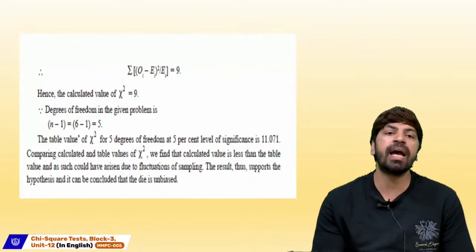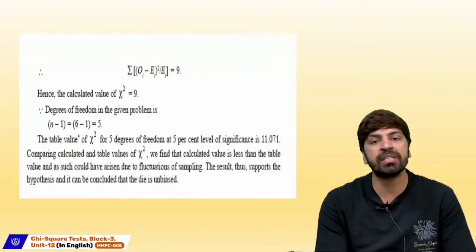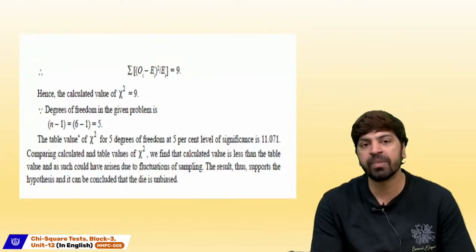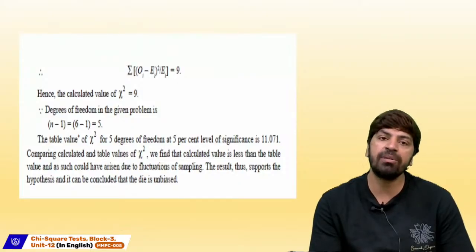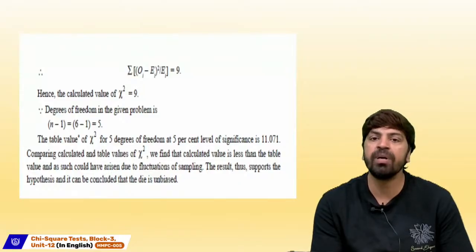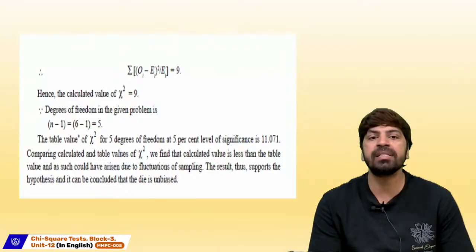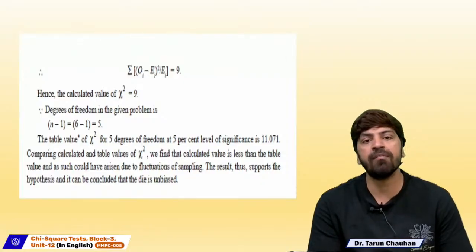So the table value of chi-square for 5 degrees of freedom at 5% level of significance is 11.071. Comparing the calculated and table values of chi-square, we find that the calculated value is less than the table value, and as such the difference could have arisen due to fluctuation of sampling.